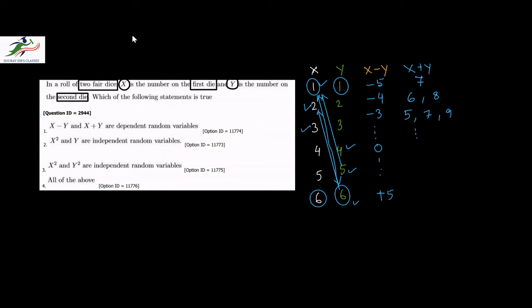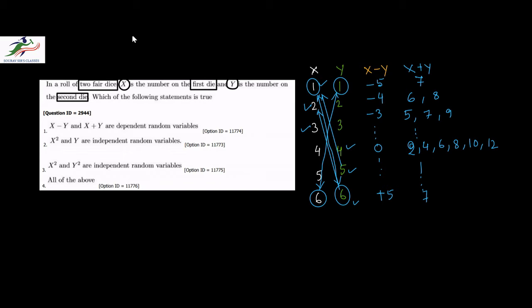Similarly, if we go on, we will see that when x minus y is 0, x plus y can be 2, 4, 6, 8, 10 or 12. And when x minus y is plus 5, that means the combination is 6 and 1, so it would be 7.